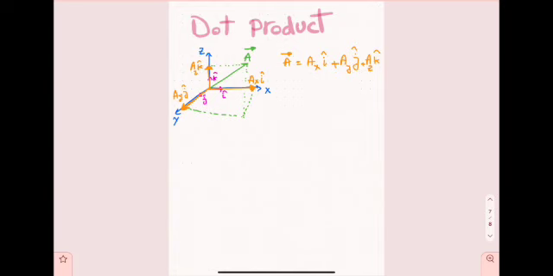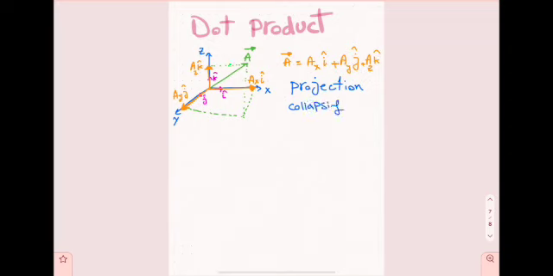So this is the idea of the projection: the projection of one vector onto another, or onto a coordinate axis. Some people call it projection, or you could also think of it as collapsing.